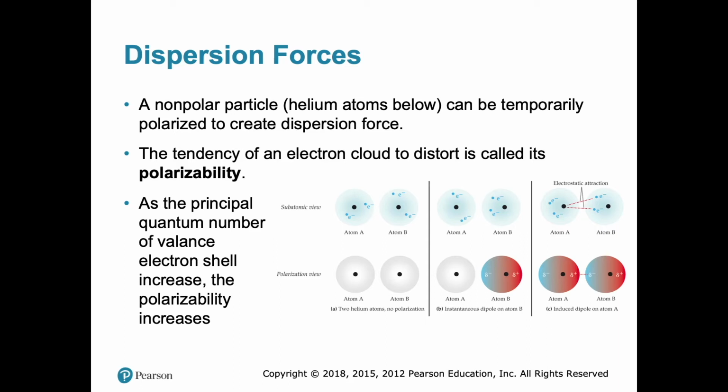Right now, the helium atoms are by themselves. They're not really doing anything with each other. But in the next one, they're starting to come together. And this is that van der Waals graph I showed you before. We talked about this last week.